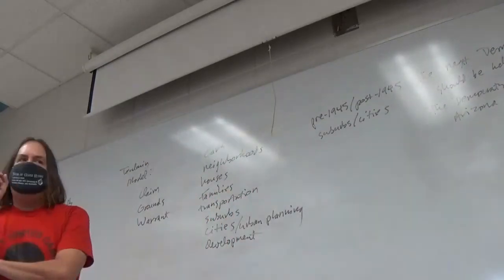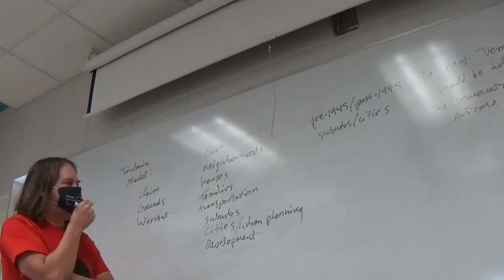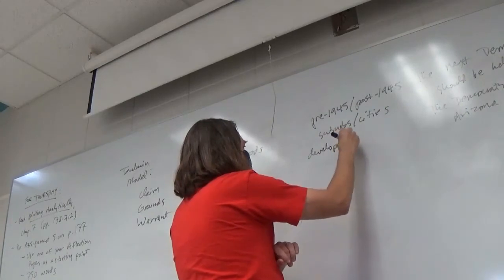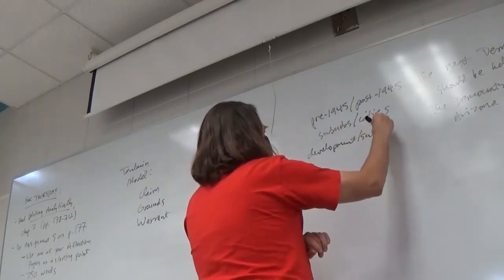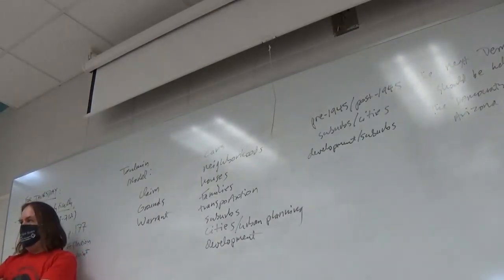Anything else we could arrange into binaries here? Maybe development in the suburbs. It depends on your definition of development. What about cars and other forms of transit?